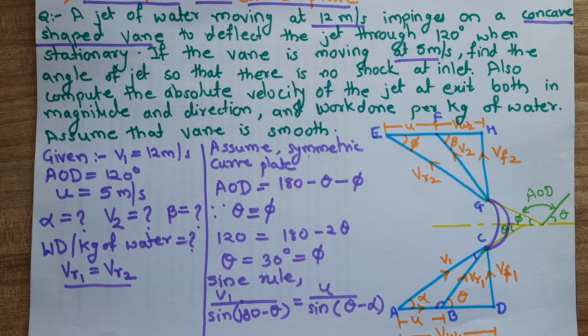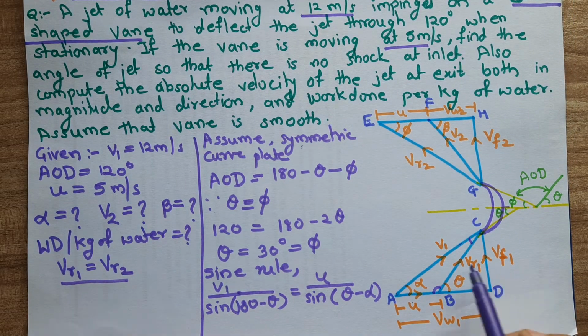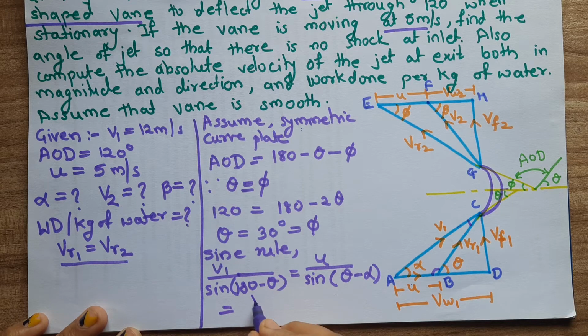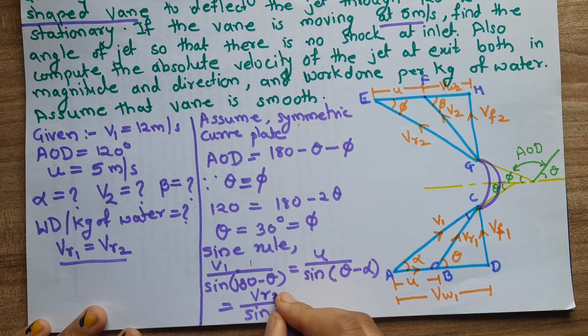So we can find VR1 by using the inlet triangle, or by using again the sine rule, that this value is again equal to VR2 divided by sine of alpha. So here we can see alpha is known to us, and we know one of these parameters from this equation, and we can find VR1.